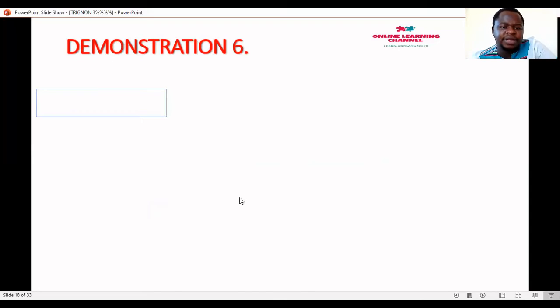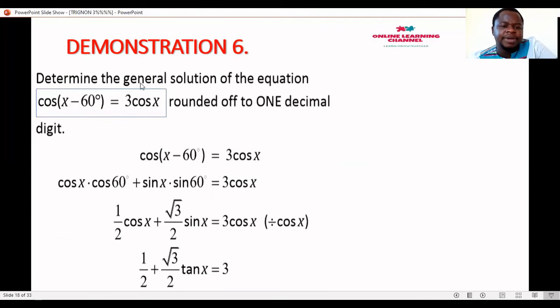So now here on demonstration number 6, determine the general solution of the equation cos of x minus 60 is equal to 3 cos x, right? So here the angles are different and the coefficients are different. This is simple. You just have to expand the left side using compound identities that we have been doing.